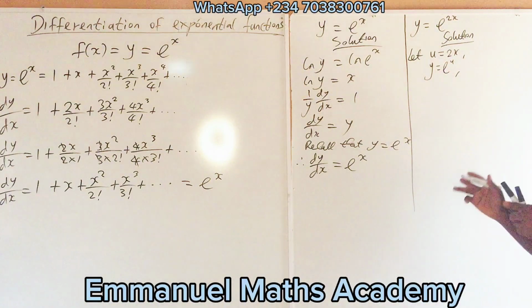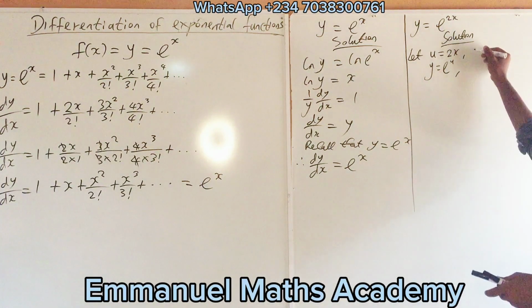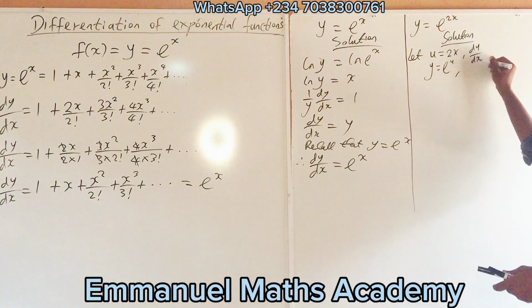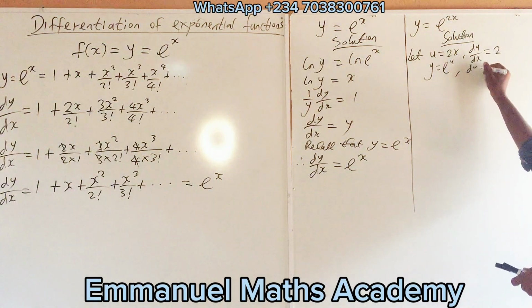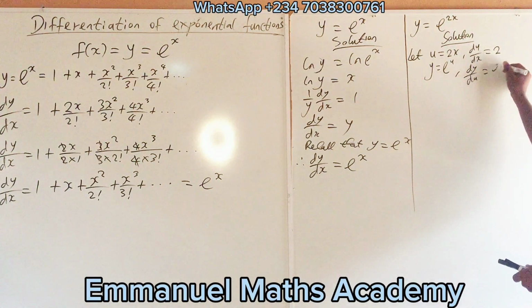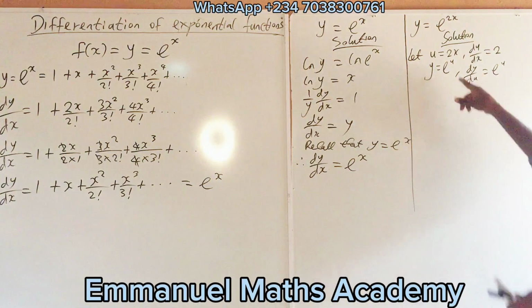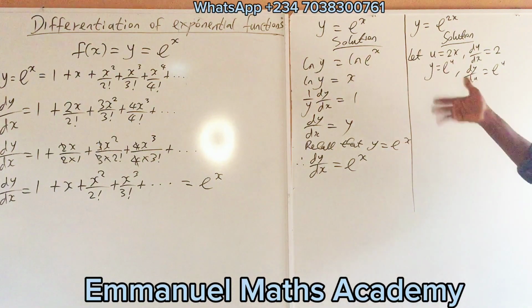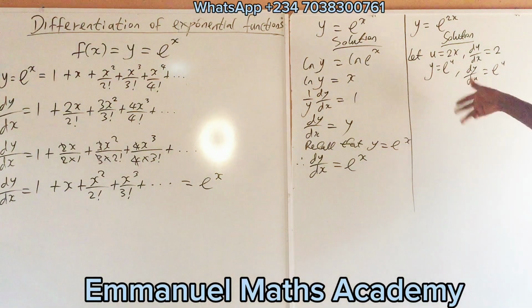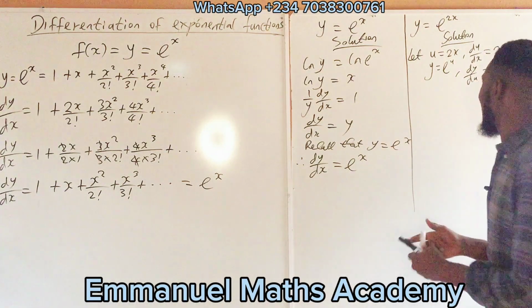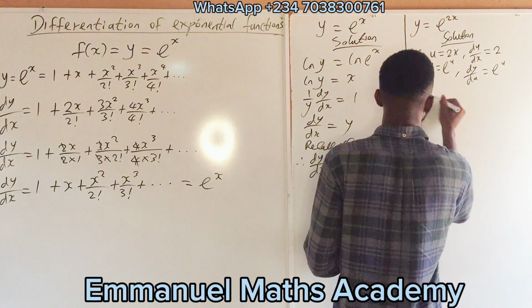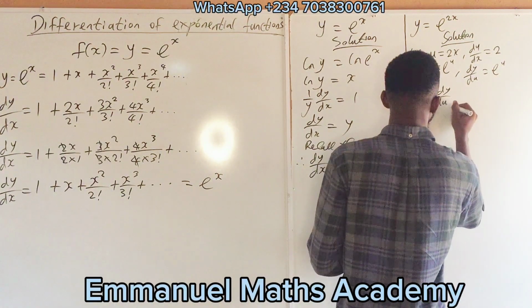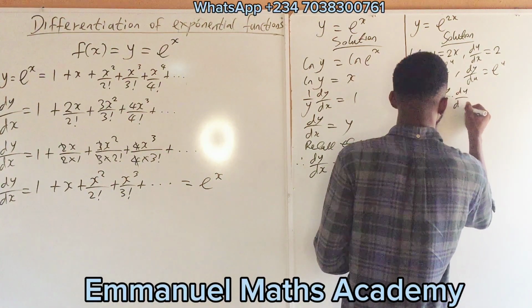Now make use of the chain rule. We have that du dx is equal to 2 and dy du is equal to exponential u, because if you differentiate exponential x, you get exponential x. Likewise, if you differentiate exponential u, you get exponential u. Is that clear? Then the chain rule says that dy dx is equal to dy du times du over dx.